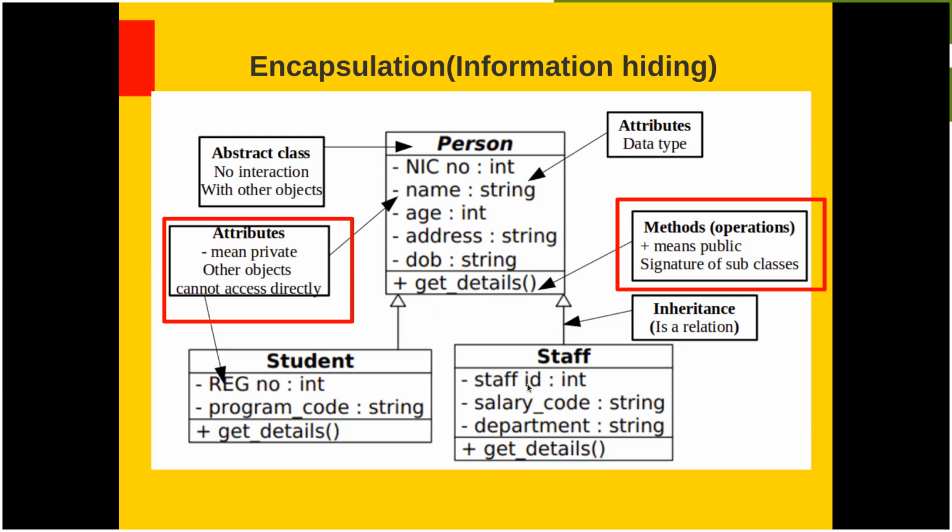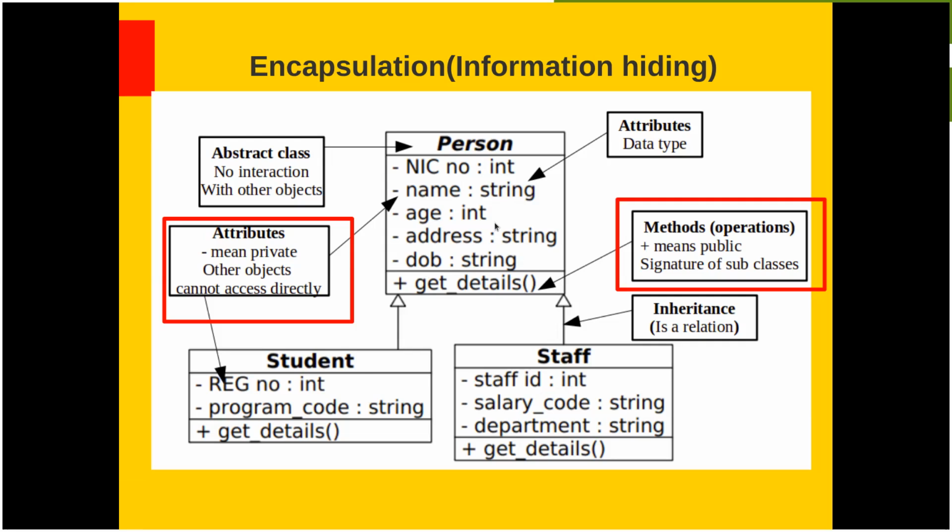This arrow shows the relationship between person and staff. Staff is also a person. Student is also a person. So person becomes an abstract class.